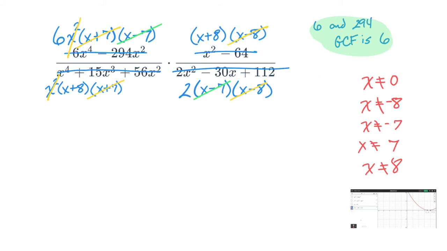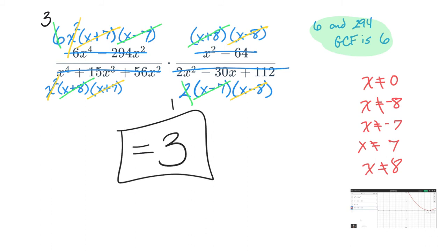I actually have an x plus 8 in the numerator and an x plus 8 in the denominator here. And I have, lastly, the number 6 divided by the number 2. So in this example, everything took care of itself except for that numerator of 3. So the solution here, the simplification, is the answer 3.